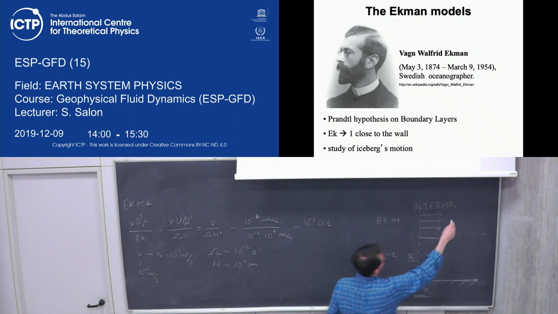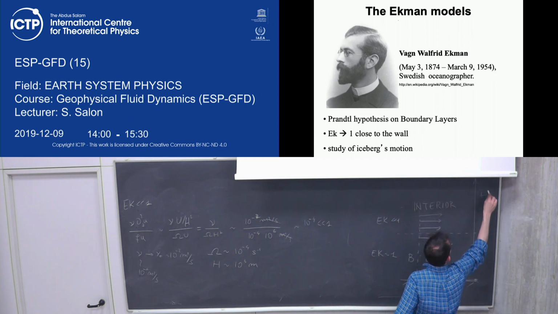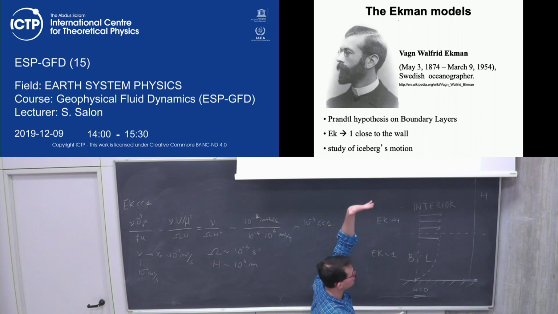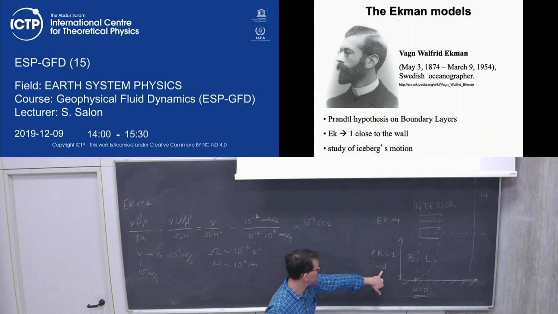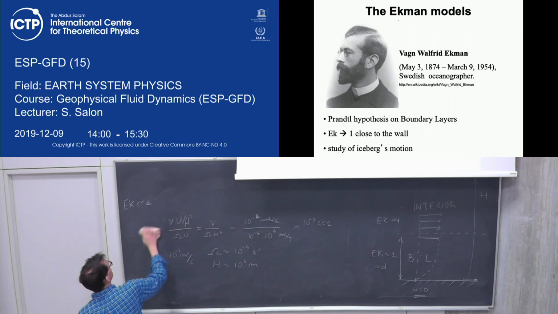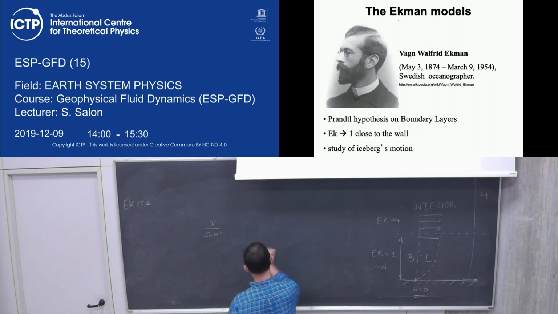So if this, let's say, is h, okay, the total height is capital H, the depth of the Ekman layer has a dimension d. So d is the scale for the boundary layer.